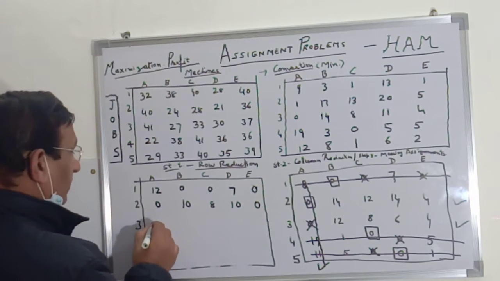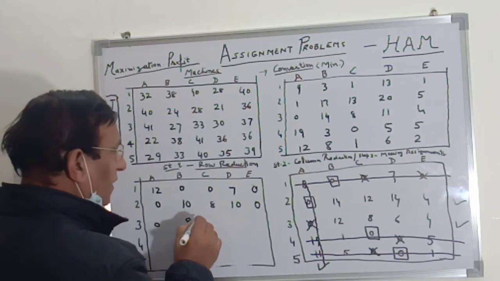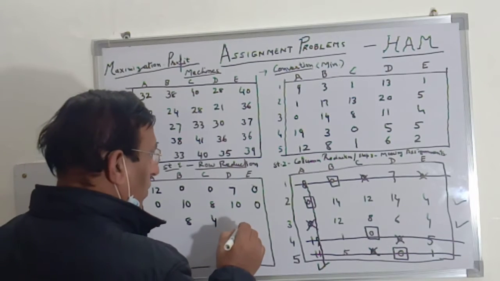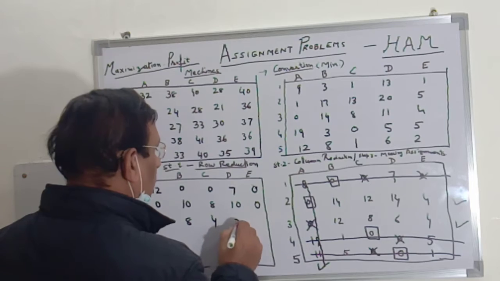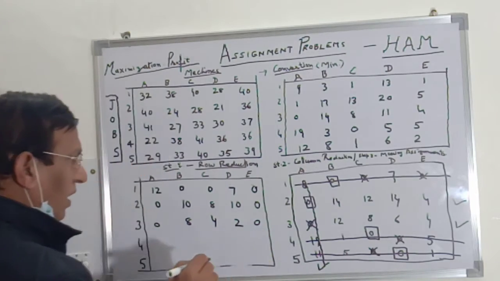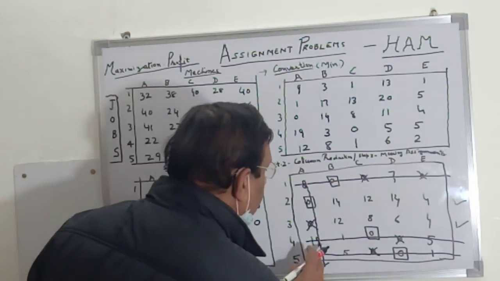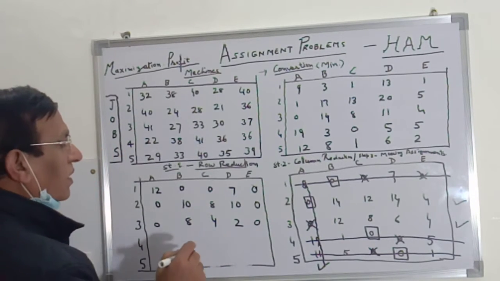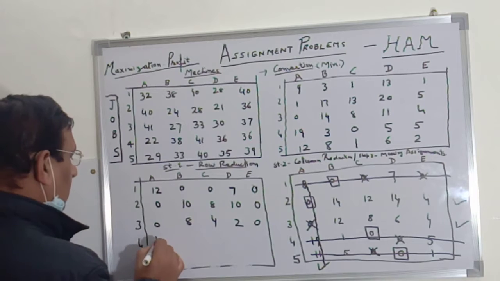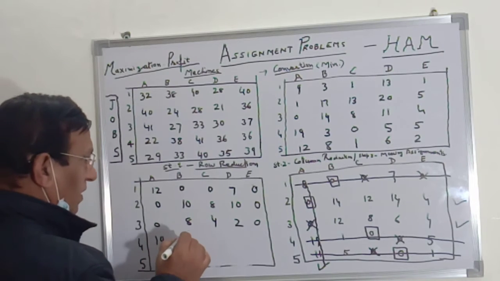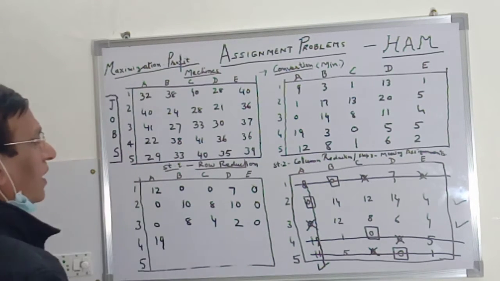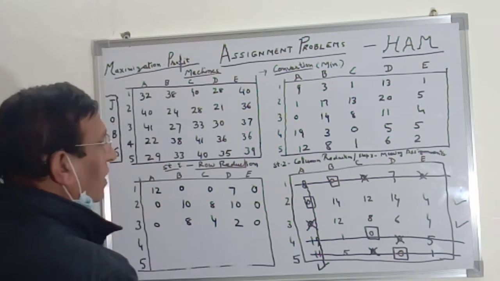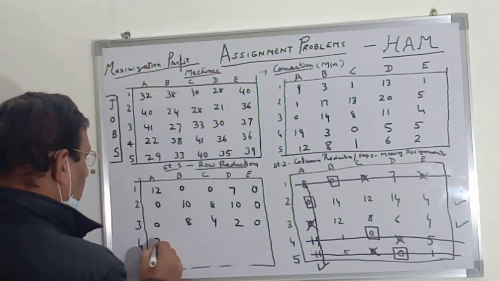Again 0, 8, 4, 2, 0. Again here is 19. So you have to add 4. This is not at the intersection of the lines, so it is simply 19. Oh, it is at the intersection of the two lines. So it is 23.